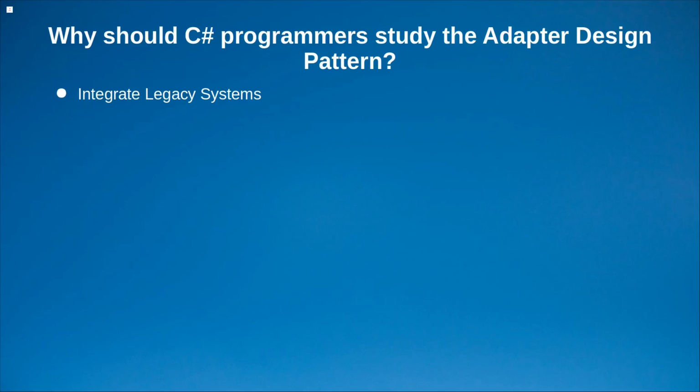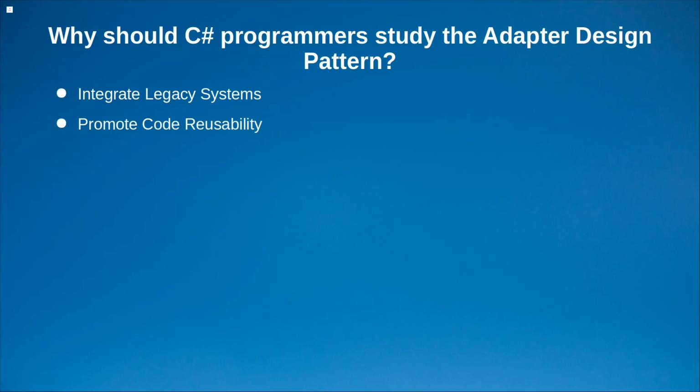Integrate legacy systems. In enterprise environments, there's often a need to integrate legacy systems with newer systems. The adapter pattern provides a mechanism to make old systems work with new ones without having to make widespread changes. Promote code reusability. C# developers might have libraries or components with functionalities that are essential but need to match the required system interface.